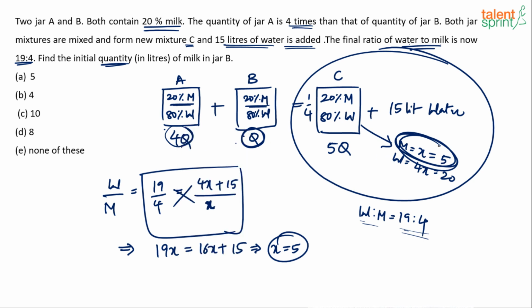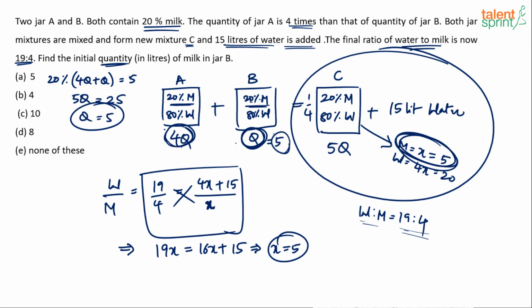Are you getting it? This 5 liters is 20% of 4Q plus 20% of Q. So basically 5Q, 20% is 1 by 5, right? So 5Q equals 25, or Q is equal to 5 liters. Or this 4Q is 20. Out of this 5 liters, 20% is milk. So what is 20% of 5? 1 liter. Option E, none of these, has to be the answer.